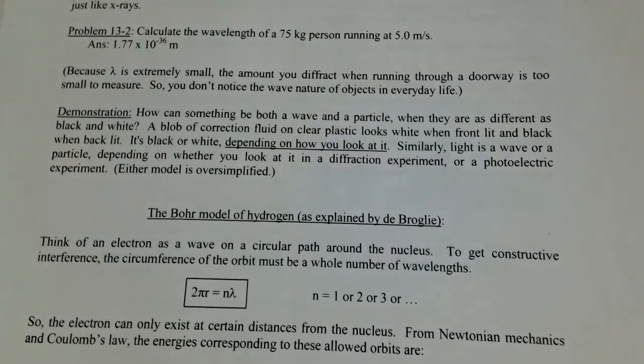Anyway, the Bohr model of hydrogen. We talk about hydrogen a lot when you're first introducing people to this kind of thing, because hydrogen's the simplest atom, okay? You've got a proton, you've got an electron orbiting around it, end of story.